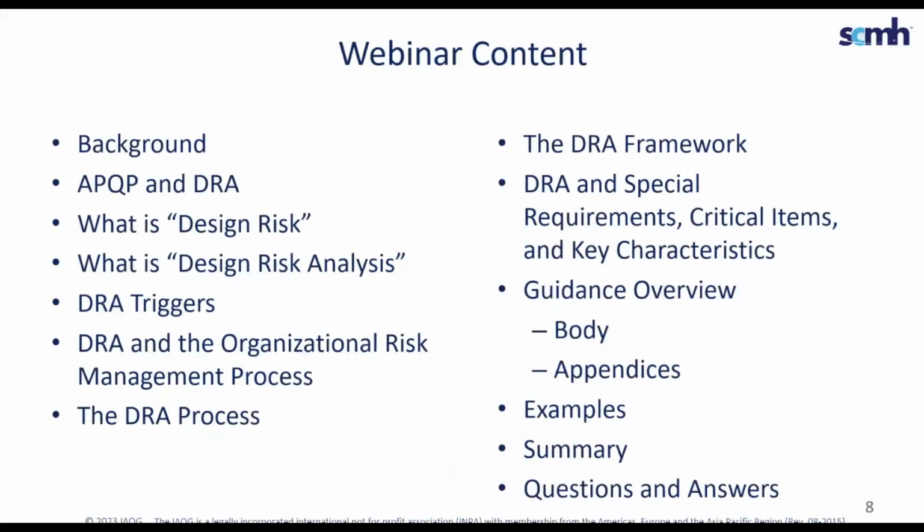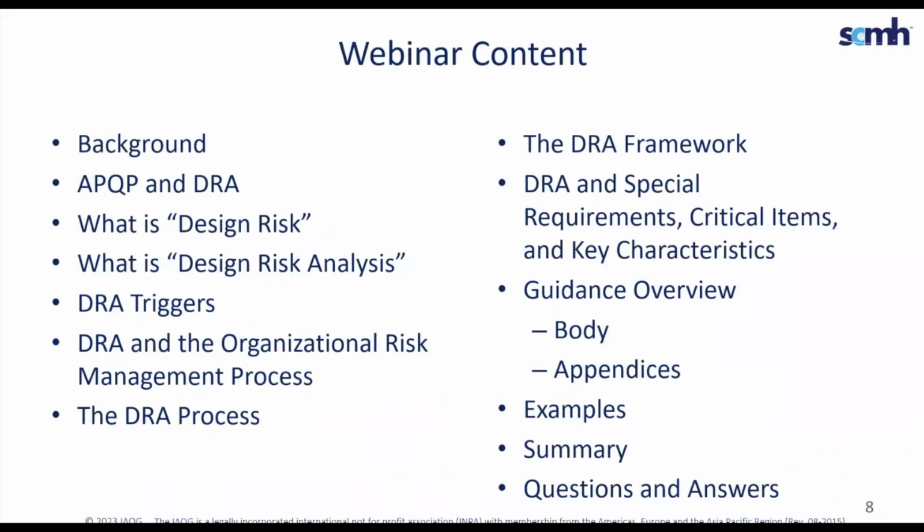Our agenda will introduce DRA within APQP for aerospace. We will define design risk and also design risk analysis and how the DRA fits within an organization's risk management process. We will introduce the DRA process and framework, including how it aligns with the 9145 requirement for special requirements, critical items, and key characteristics.